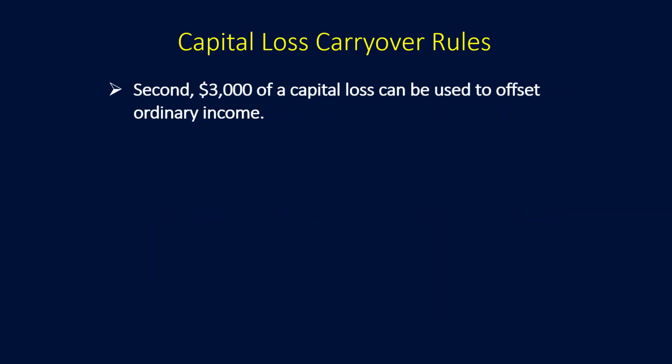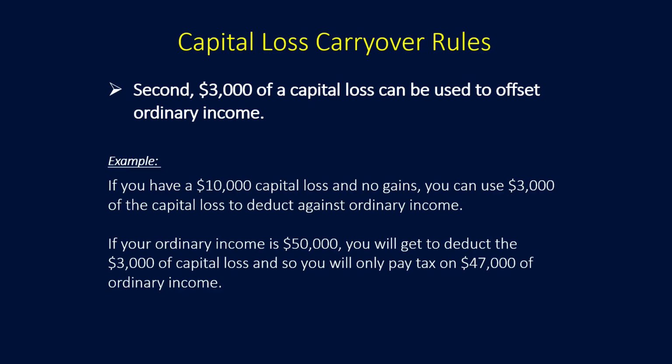Second, $3,000 of a capital loss can be used to offset ordinary income. For example, if you have a $10,000 capital loss and no gains, you can use $3,000 of the capital loss to deduct against ordinary income. You're limited to $3,000.